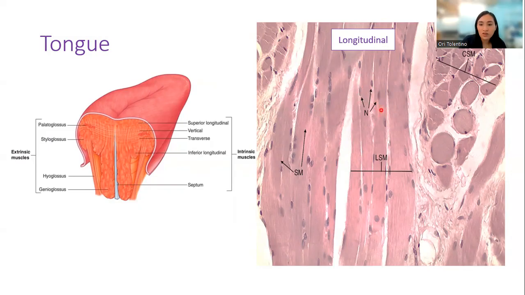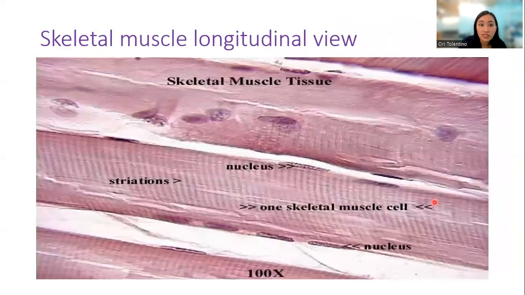In the cross section, you can see better that they have peripheral nuclei. Look at this picture: the nuclei are at the sides of the muscle, none in the middle. So when you see a cross section of muscle with peripheral nuclei, always think that this is skeletal muscle.